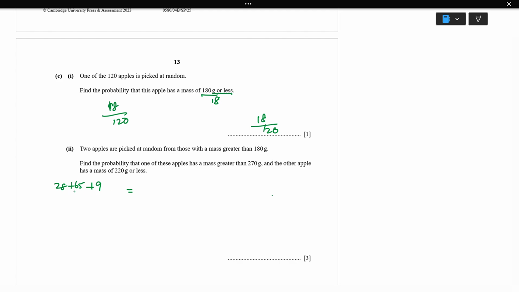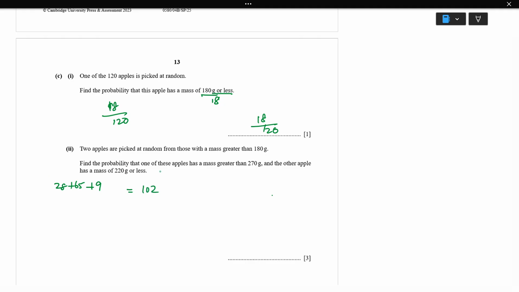How many? 28 plus 65 is 93, plus 9, so the total is 102.